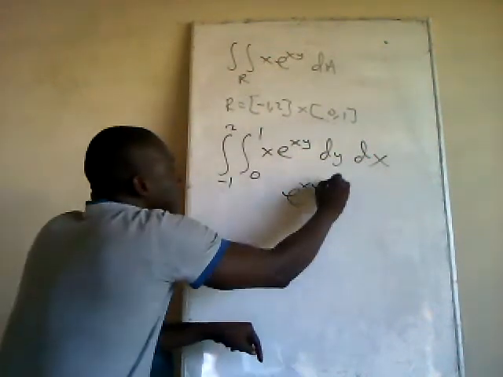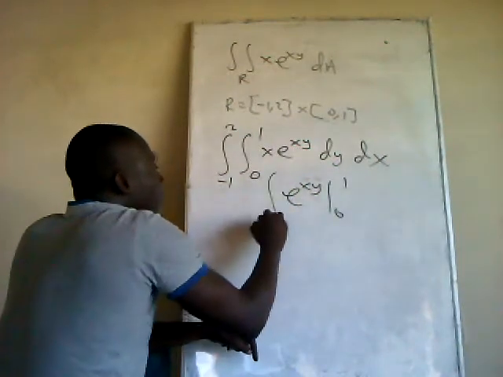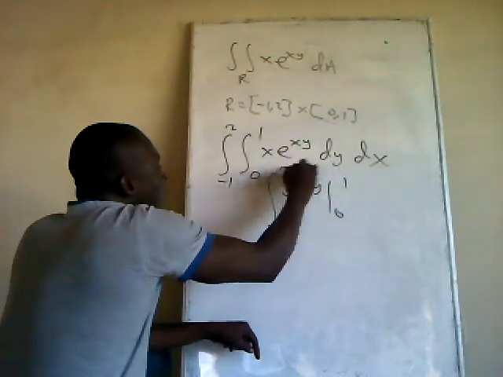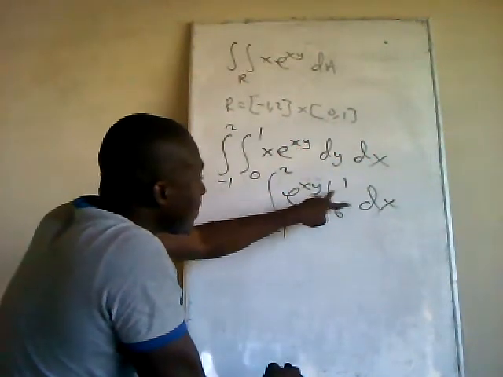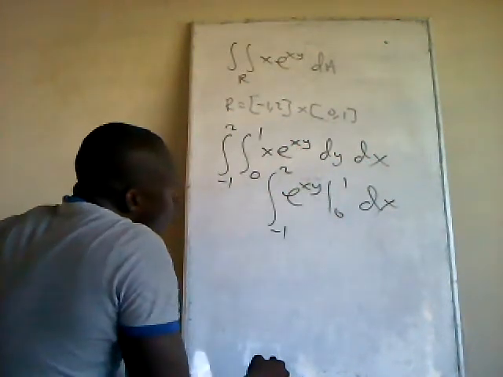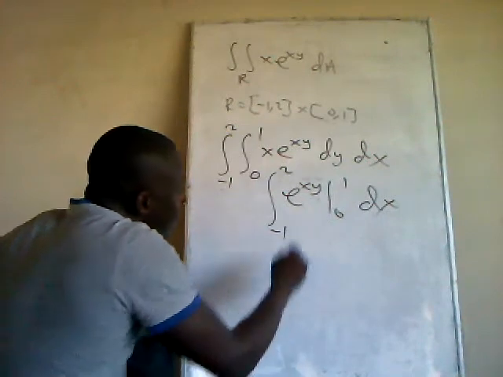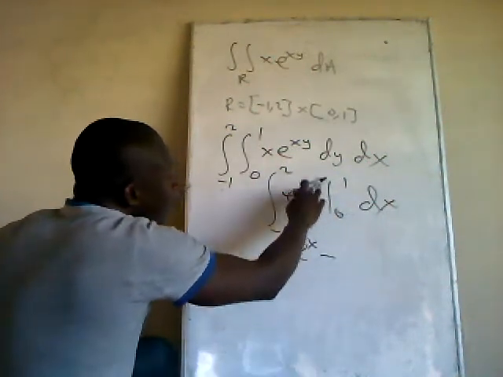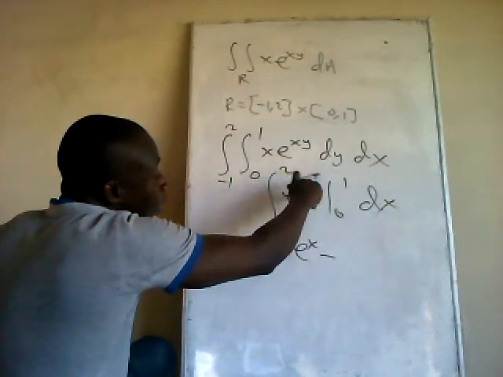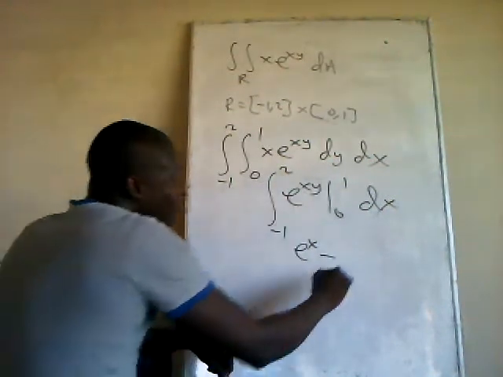So I have this at 0 and 1. First I put 1 in place of y and I get e^x, minus, when I put 0 in place of y, I get e to the power 0, which is 1.